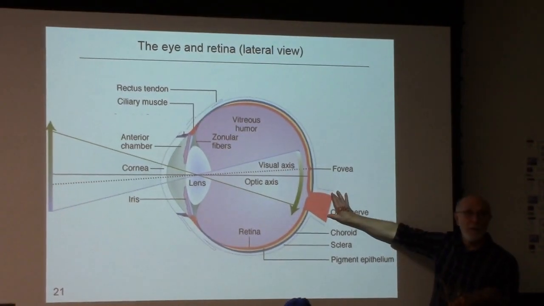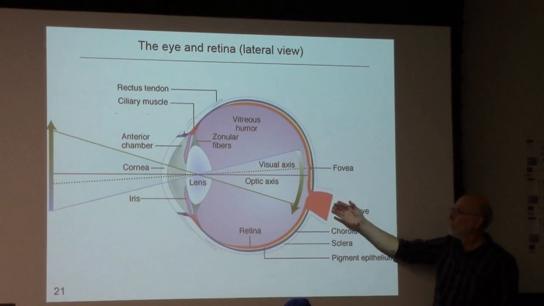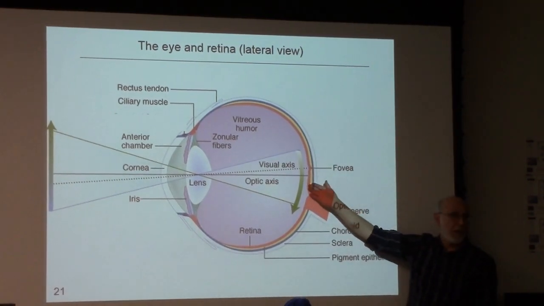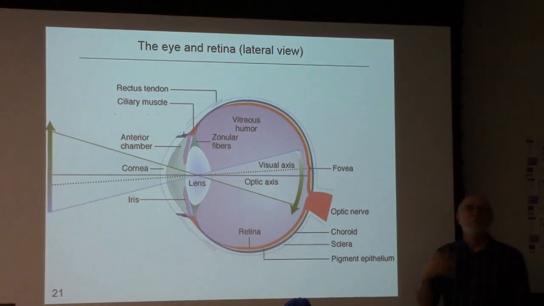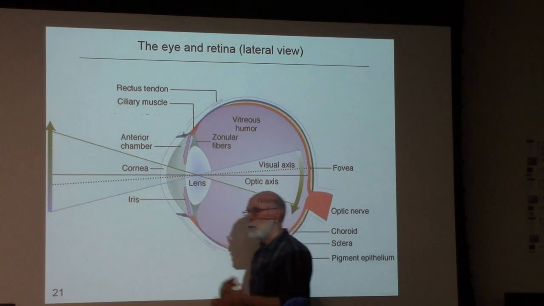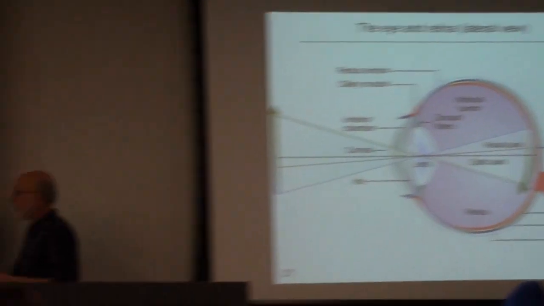The optic nerve, which is going to go to the optic chiasm, is white matter axons from the retina projecting to the lateral geniculate nucleus. Okay, so I've used a lot of the anatomical names.